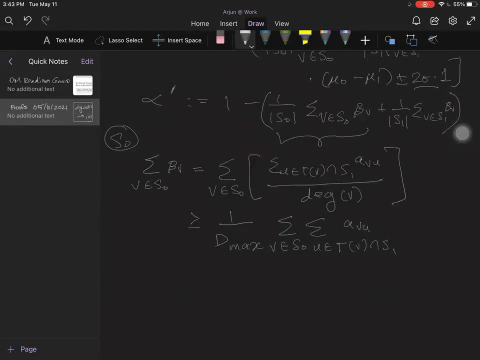We will recognize that these two sums are basically just the sums of all the weights on interlinks, which we had also previously defined as M. So we can say that this is just equal to M over D max.